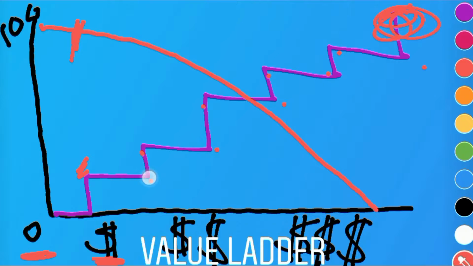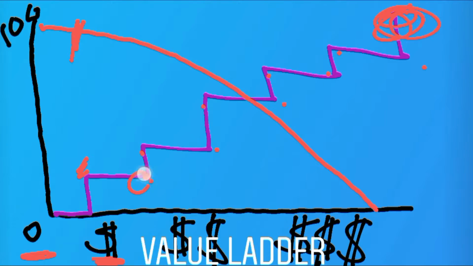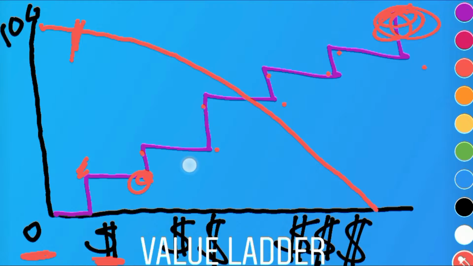So what you want to do now is walk up to a second step right here. It basically relates to the second $ sign. So this could be maybe entering a private and exclusive Facebook group that you charge your members a certain amount per month to be in. And if they're interested, they'll buy into it. And you can charge them monthly or annually, it doesn't really matter.